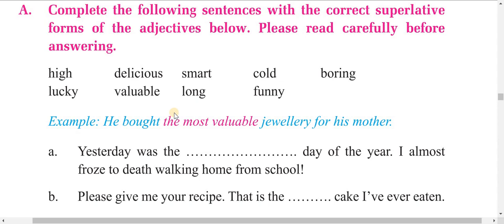Short adjectives we have to use er suffix at the end of the word to make them comparative, and we should add est to make them superlative degree. Short adjective हामीले er र est थप्छौं comparative superlative बनाउँदाखेरि भने, long adjective लाई we have to use more before the adjective and most. More and most थपेर we have to change them into comparative and superlative degree.